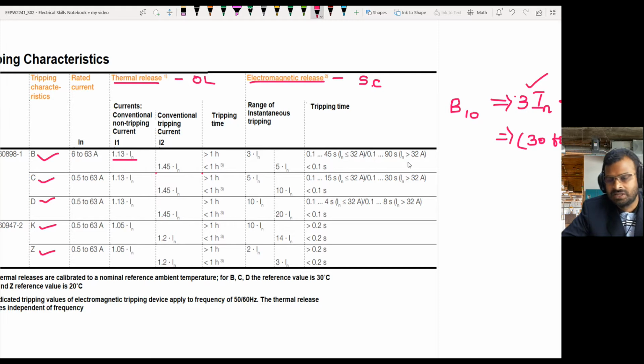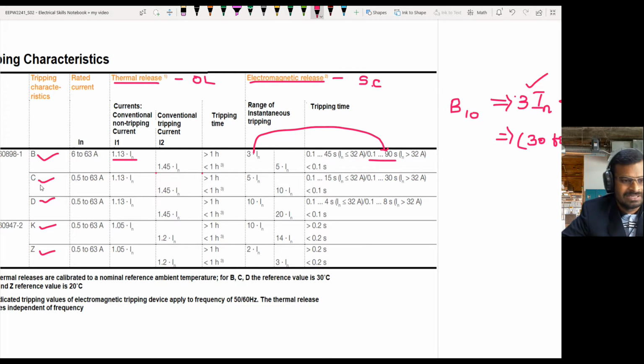In case the IN value is greater than 32, the time taken for tripping is different. For 3 IN it takes 90 seconds, and it will slowly decrease. For 5 IN or less than 5 IN, the trip time will be lesser than that. So this is the tripping time.